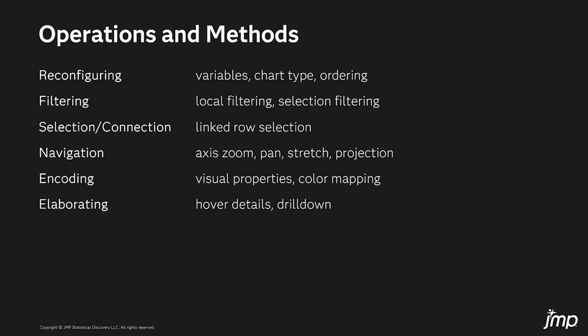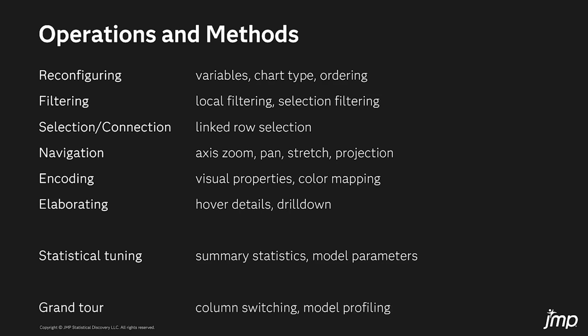But there was more I showed that's not in their categorization, and one part is the statistical tuning that we did, with the summary statistic for the bar chart and the line chart, and also the model parameters related to the smoother stiffness, and so I think that deserves a category within the taxonomy of interactions.